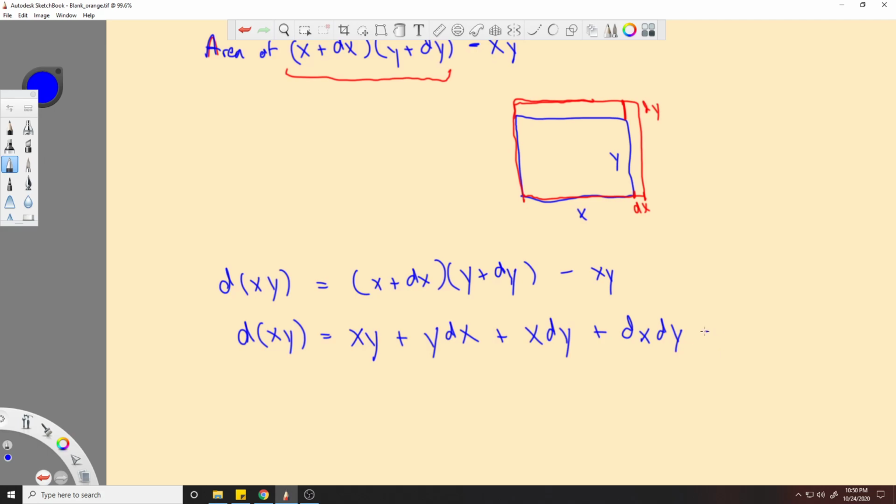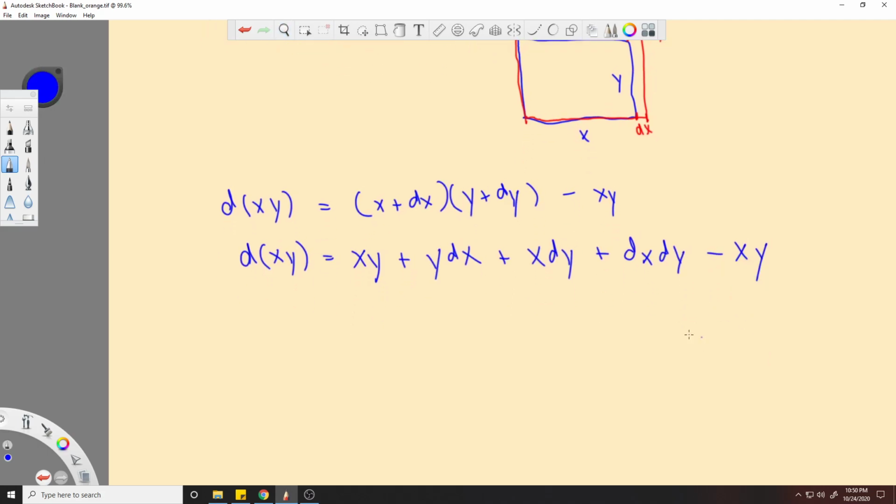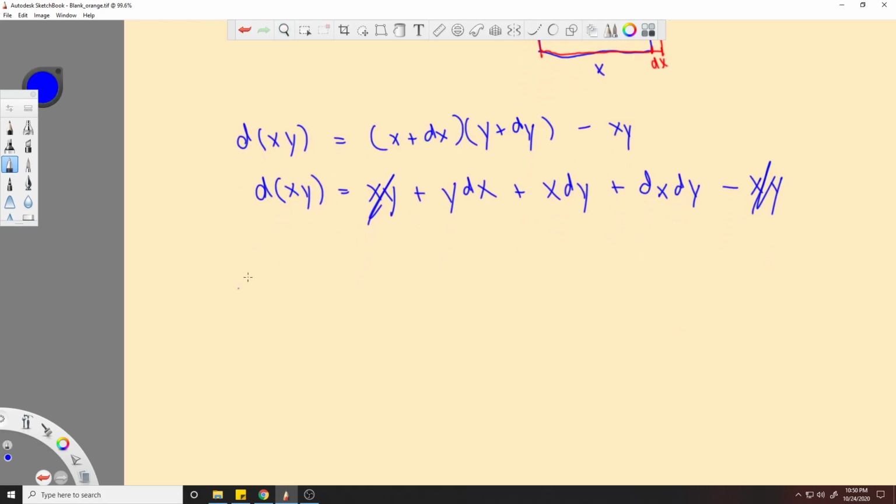Excuse me, minus xy. So this xy and this xy cancel, right? So now you are left with y dx plus x dy plus dx dy.